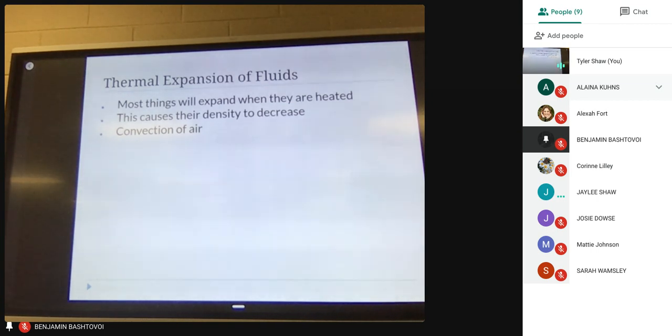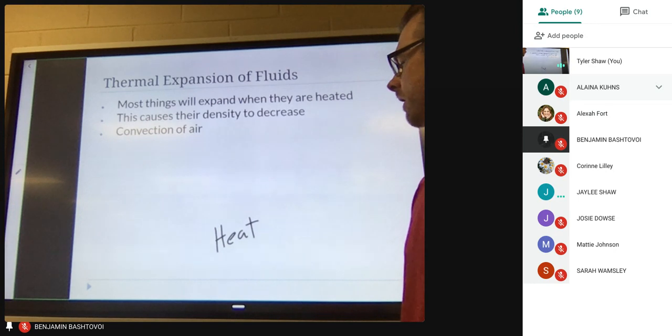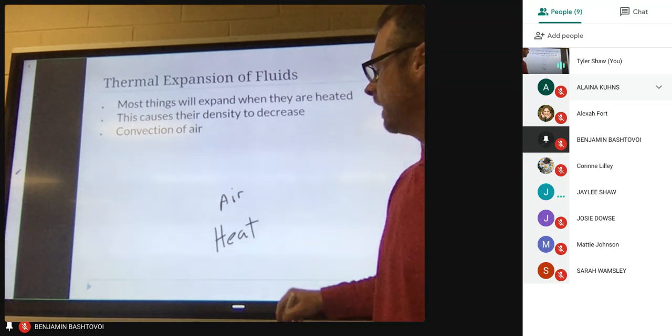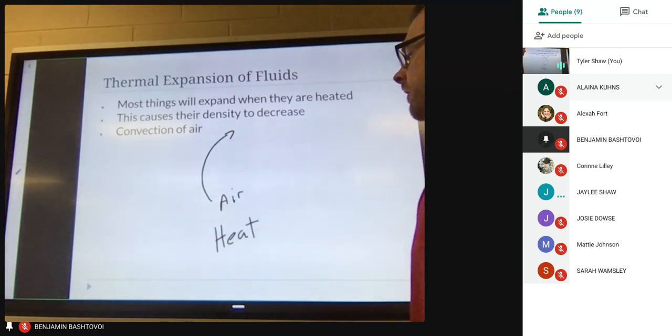So this is the idea of hot air rising and cold air sinking. So usually there's some form of heat source, and the air that's close to that heat source will expand, and it rises up and gets away from this heat source.